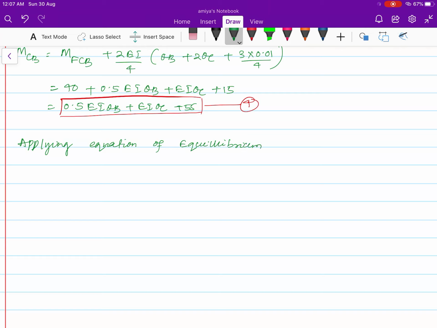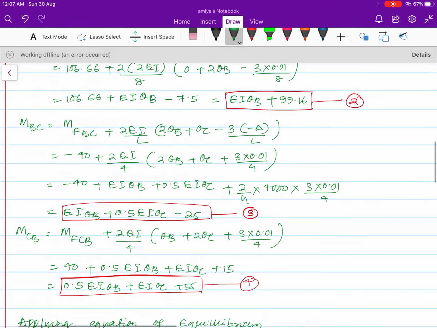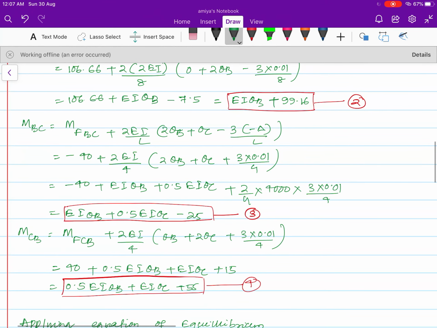Since support B consists of a roller, the moment about B is equal to 0. But at the joint B, the moment about BA plus the moment about BC is 0. So the moment about BA is our equation 2.